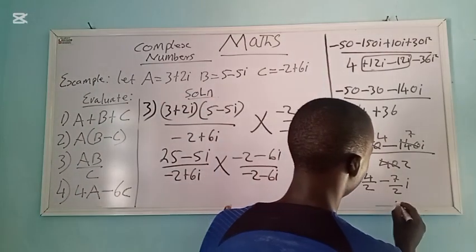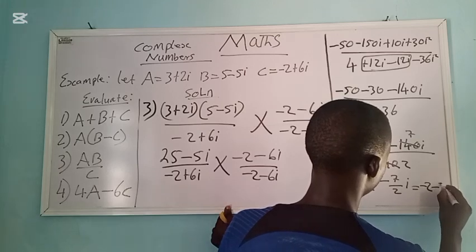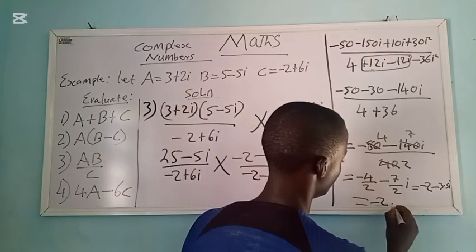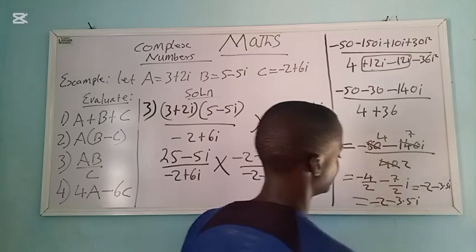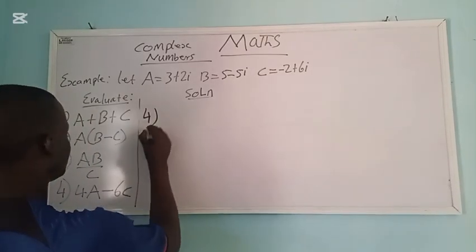So here it will now be equal to minus 2 minus 3.5i. Let me write it down here, minus 2 minus 3.5i. So that is the answer to number 3.